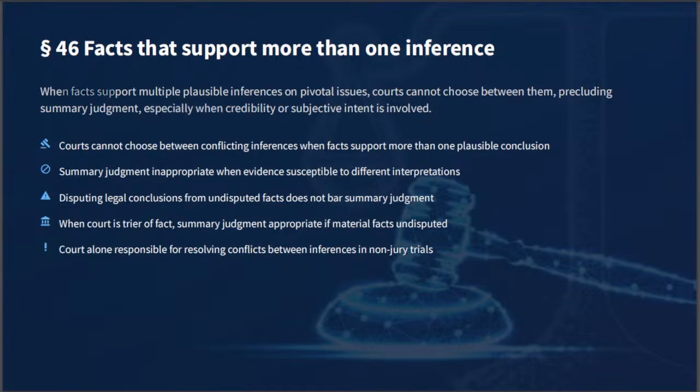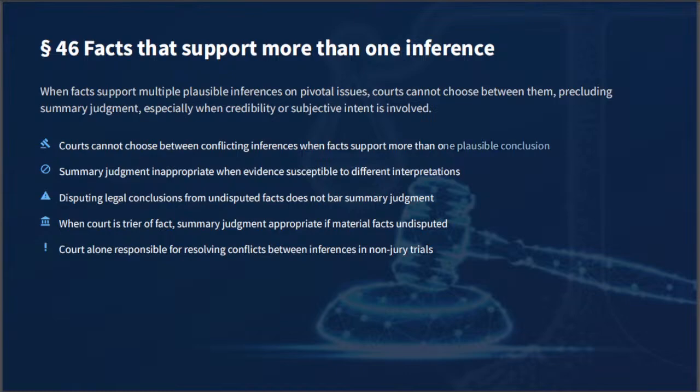So when we have facts that support multiple plausible inferences, this takes away any kind of discretion from the court. Courts cannot choose between conflicting inferences when facts support more than one plausible conclusion.